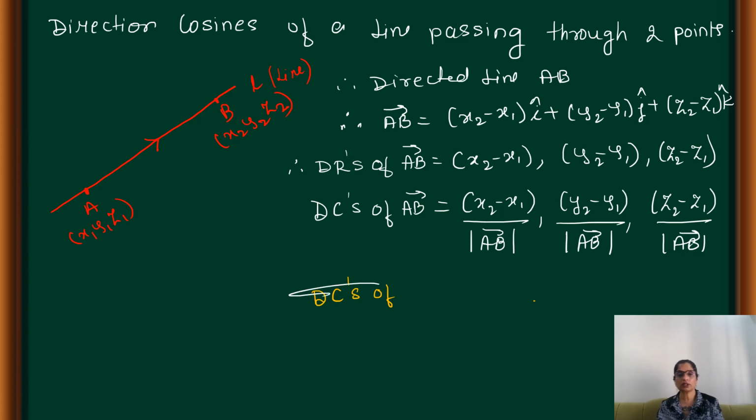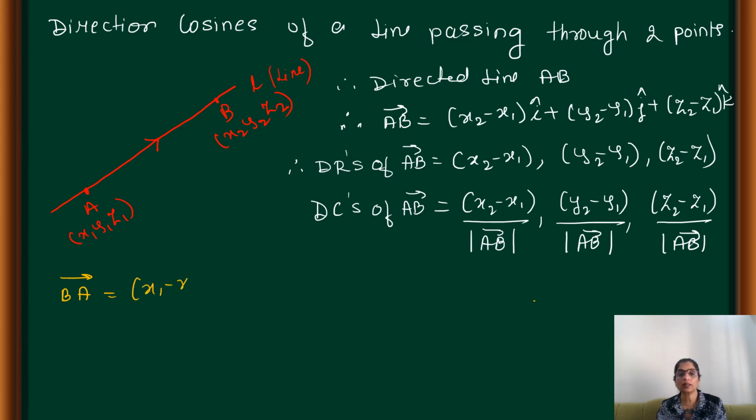Okay, let's start from direction ratios itself. What are going to be the direction ratios if you take the line reverse, if you take it as BA vector? First of all, let us find out what the vector will look like.